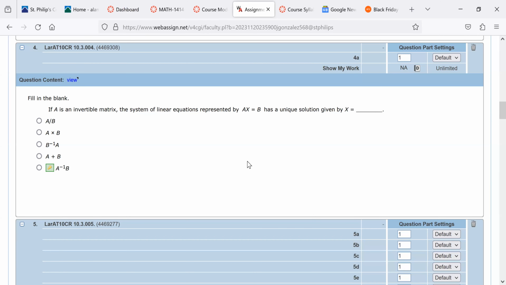Let me get a pen here. So basically, if you have a matrix, call this your A. There are some numbers here.